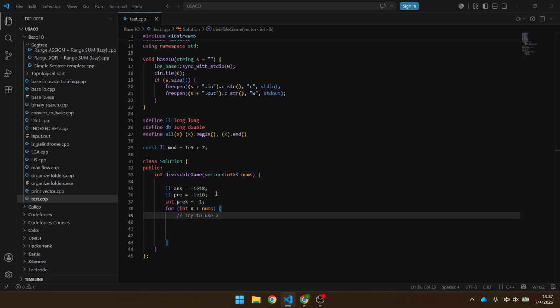Now we're stuck. Answer is -118. For int x in nums, try to use x. So get the answer if we use x, basically.